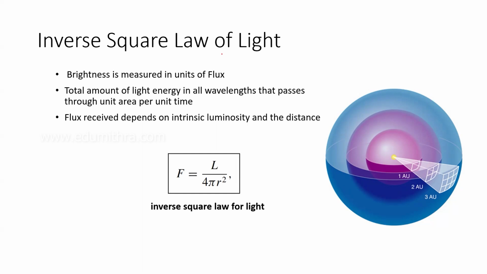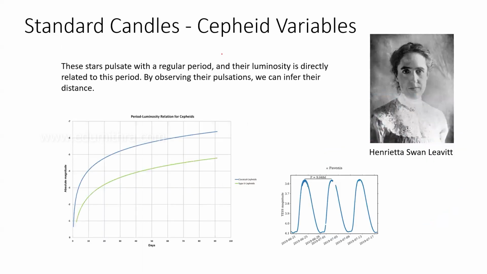There are some objects in the universe for which we know the luminosity from other parameters, for example, in the case of Cepheid variable stars, from the periodicity. Cepheid variables are regularly pulsating stars, so their brightness varies at a regular period or interval. If we know that interval, from that we can get the real energy emitted.